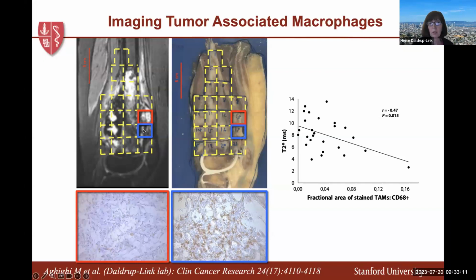And again, you see that the area of marked nanoparticle enhancement contains a lot of macrophages. And here you also see an inverse correlation between T2 star and number of tumor-associated macrophages.